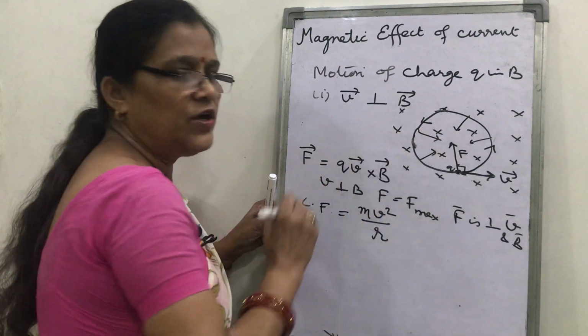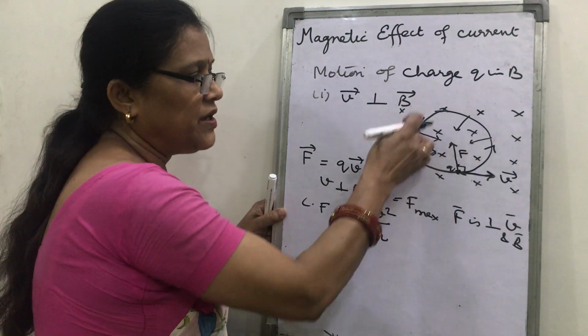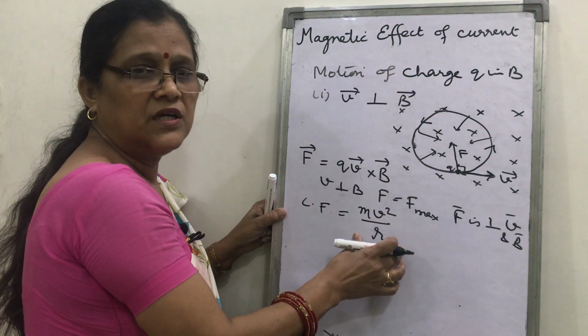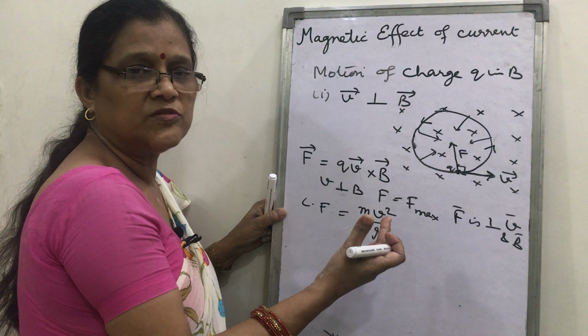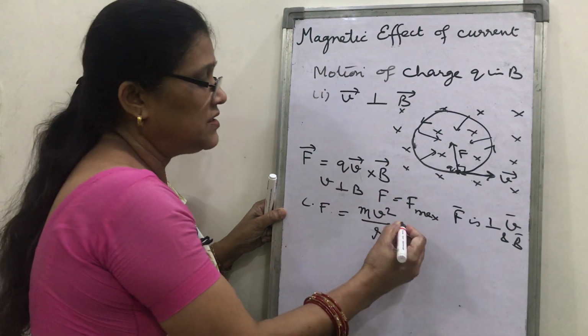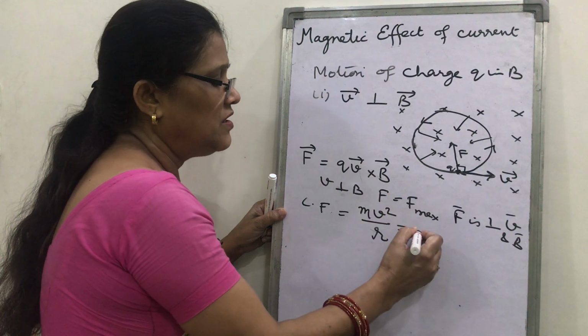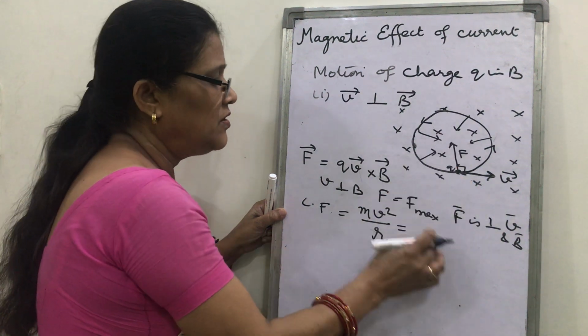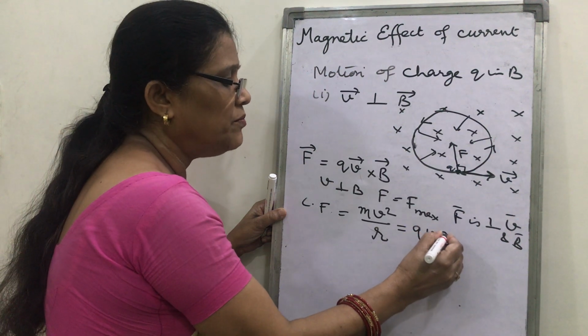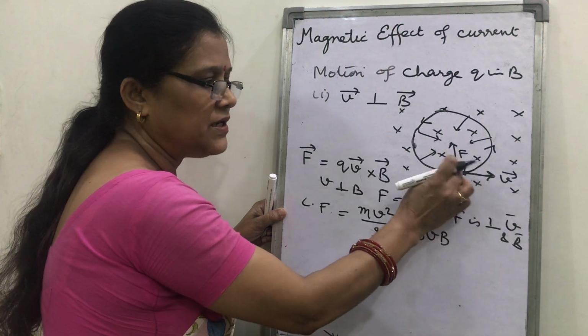So in this way you find that the path becomes circular, and the required centripetal force is obtained from the Lorentz force. Here the force is maximum, so the Lorentz force maximum value is qvb, because sin 90 is 1.